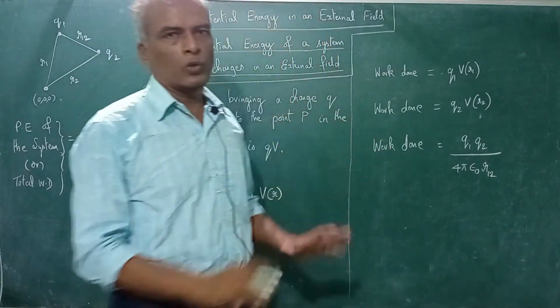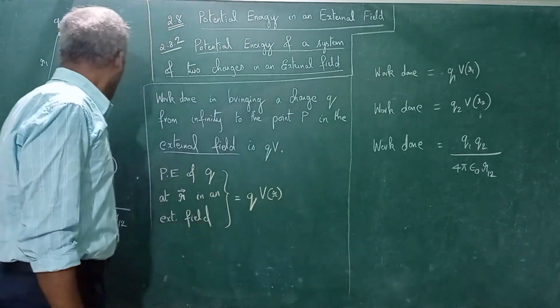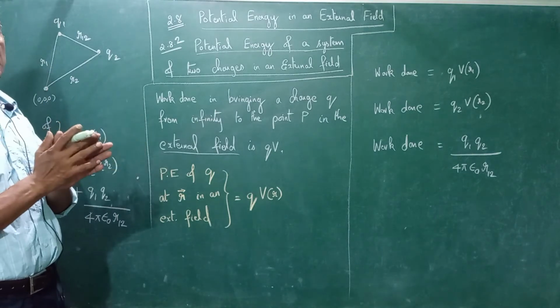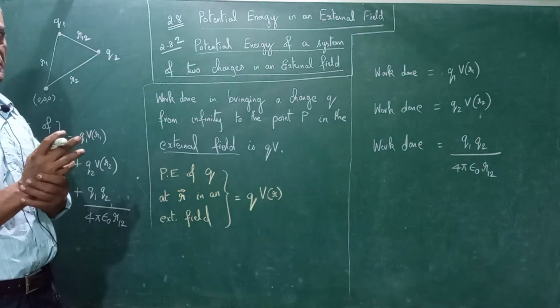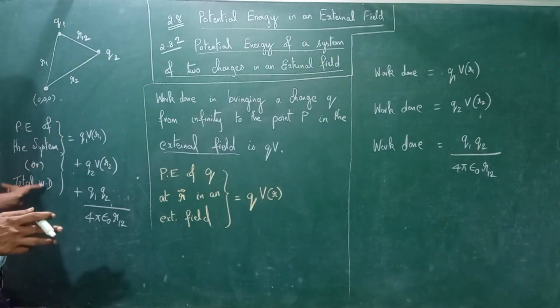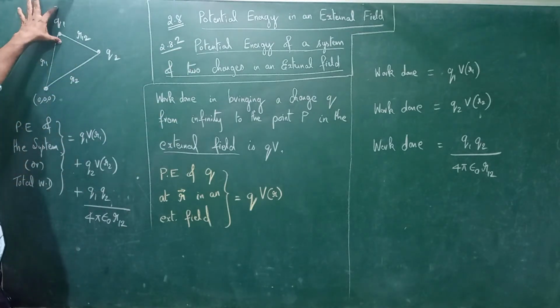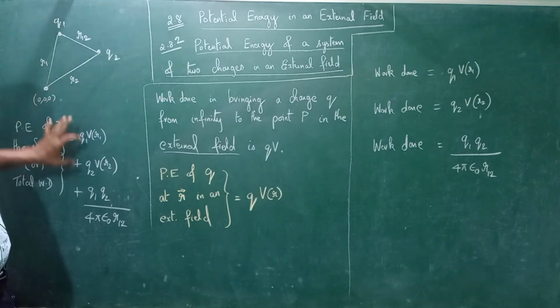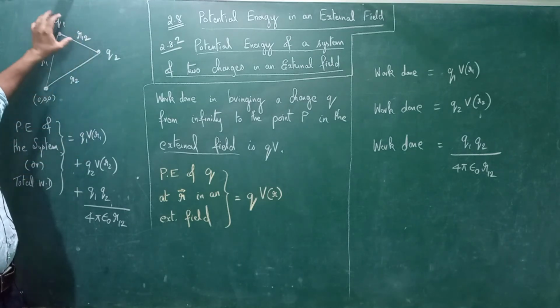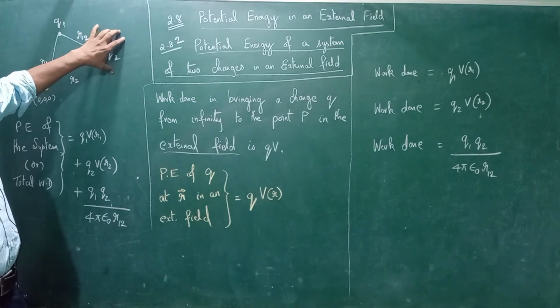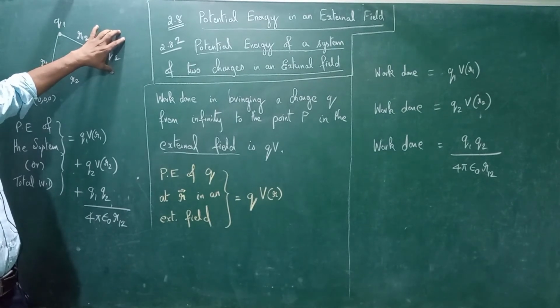Now we want the total work done, that is, the potential energy of the system as a whole. System as a whole means we are now considering two points. So our total work done is the work done for Q1, plus the work done for Q2, and because of Q1, this Q2 will experience some repulsive force and additional work has to be done.